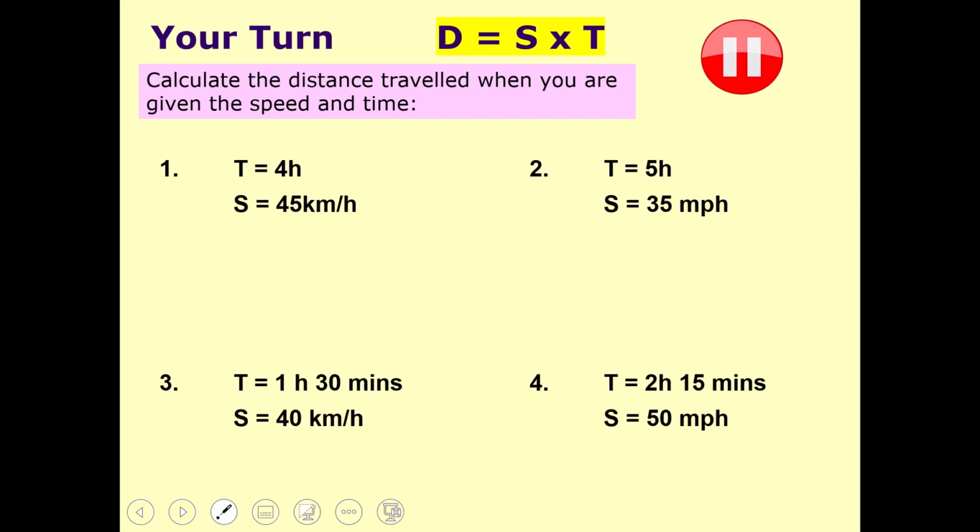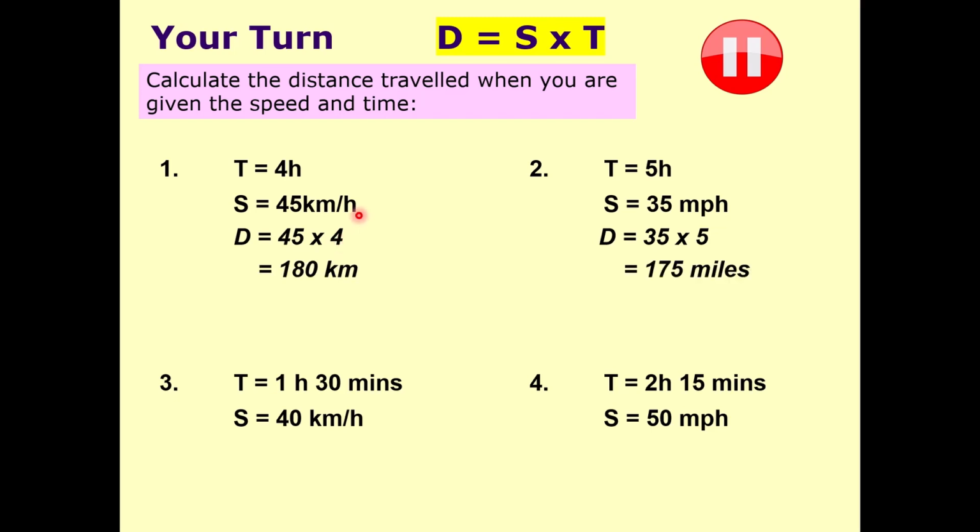Okay, hopefully you have unpaused after giving these questions a go, and let's go over the answers. Okay, so first one we're going to look at, time is 4 hours, speed is 45 kilometers per hour, so that's 45 times 4, which is the time, to get 180 kilometers. Second question, distance equals speed times time.